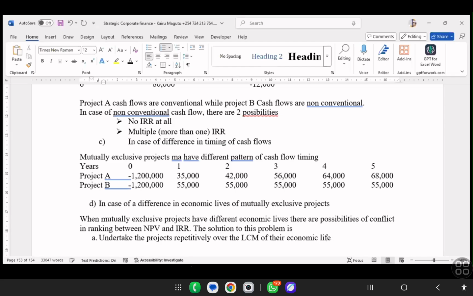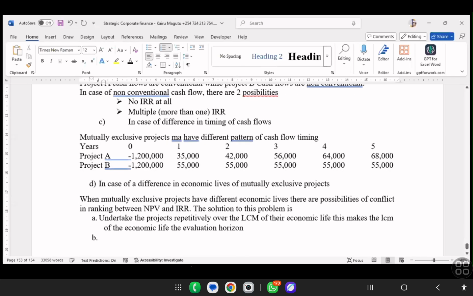We say that this makes the LCM of the economic life the evaluation horizon. The evaluation horizon.